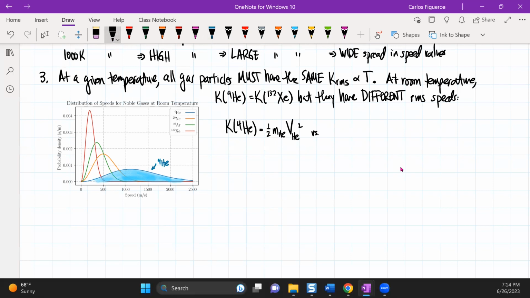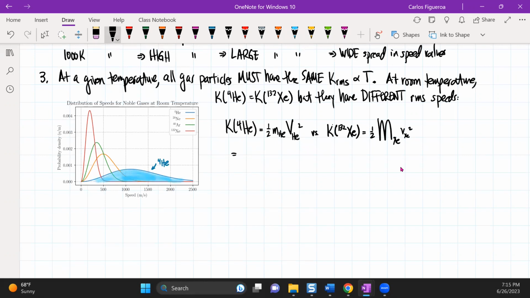Now, if I compare this to xenon, this is xenon-132, and you can see its mass is quite large. So in order to have the same kinetic energy, its RMS speed must be really small.